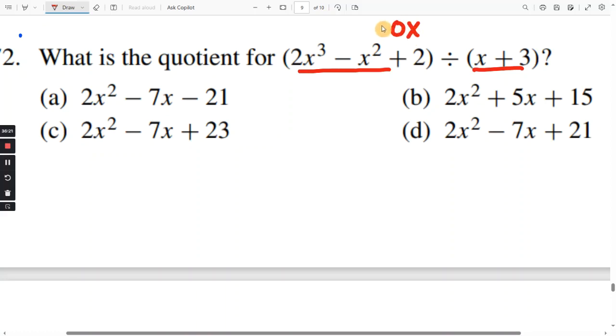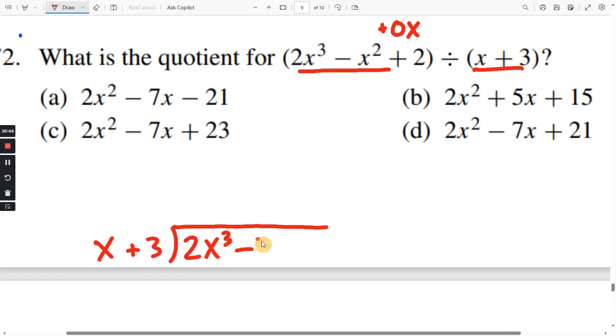You can make it plus or minus 0x because 0 times x is 0. So that's going to be x plus 3 into 2x to the third minus x squared plus 0x plus 2.